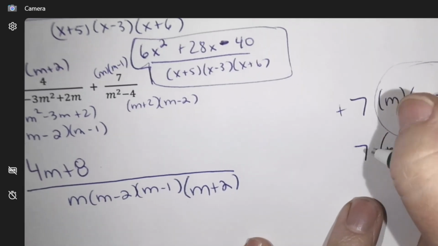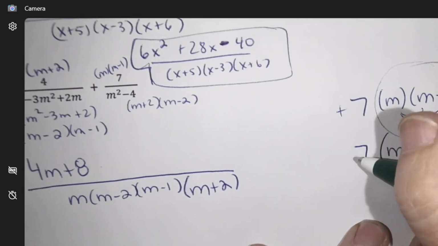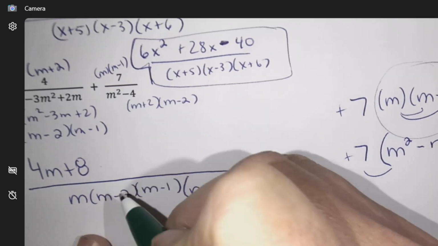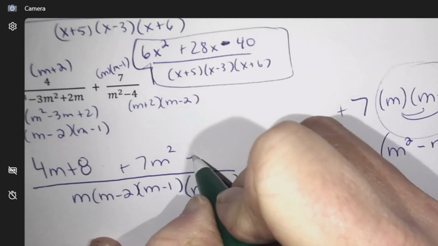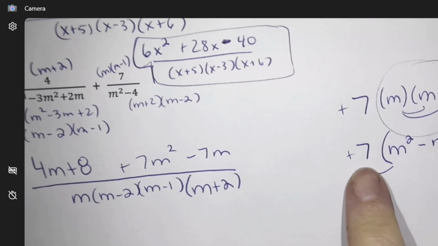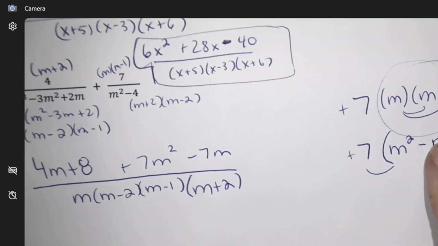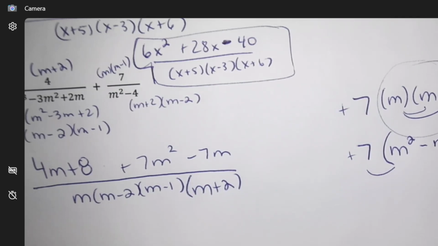Then times it. So plus 7m squared minus 7m. Okay, there's going to be a spot on your test where you're having those three things being multiplied. So again, just pick two things.